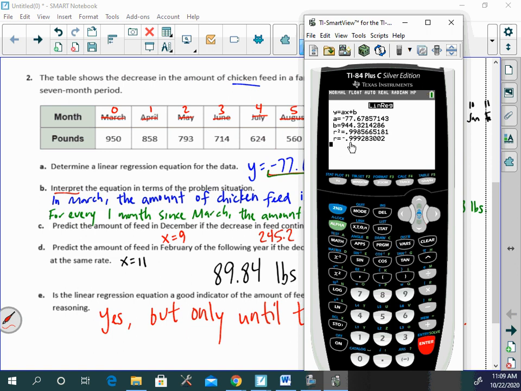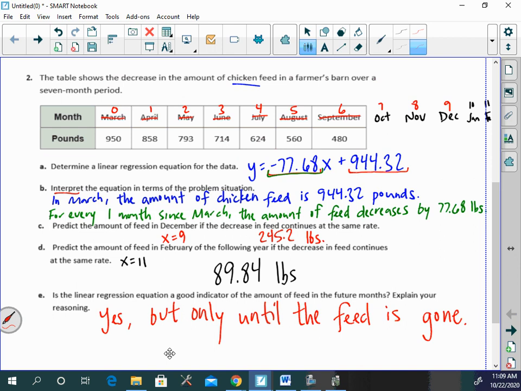It's negative 0.9993. That's really strong because it's very close to -1. So to help explain it, I'm going to say R equals negative 0.9993. So it's very strong, which means it's a really good fit for that data.